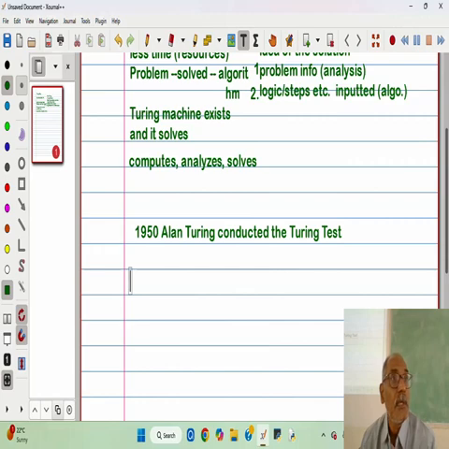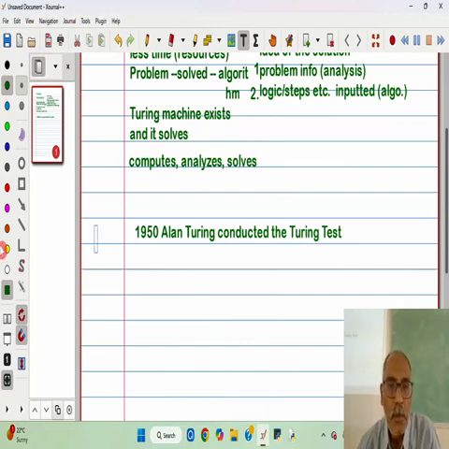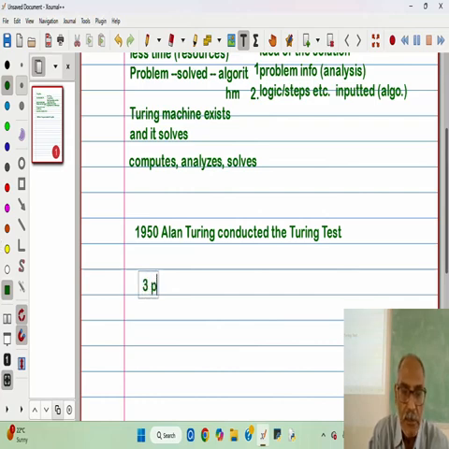And now what are the parties that are involved in this test? That is a question. Who are going to be involved in this? Three parties were involved in this test.